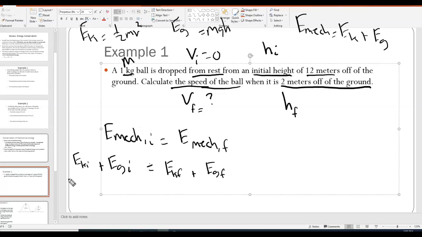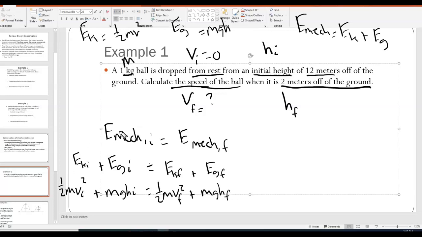For EKI, I'm going to write 1/2 mvi squared plus, for EGI, I'm going to write mghi, and I'm going to do the same thing over here. This is going to be 1/2 mv final squared plus mgh final.